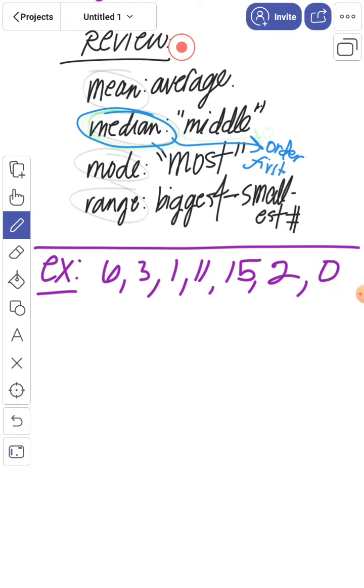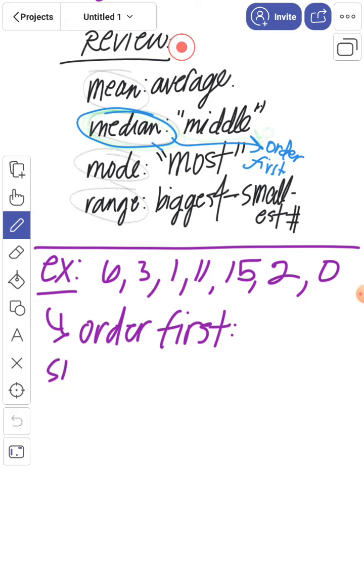Okay, I personally like to put them in order first, so that I don't forget. So let's put them in order, from smallest to biggest.